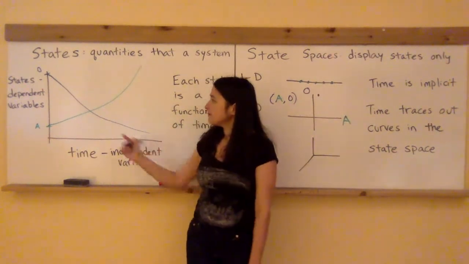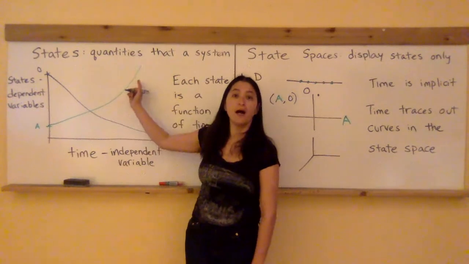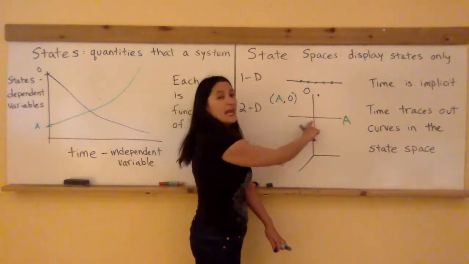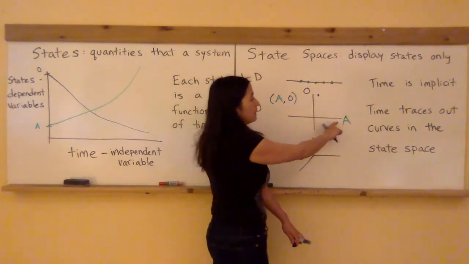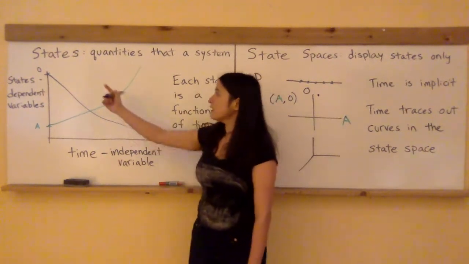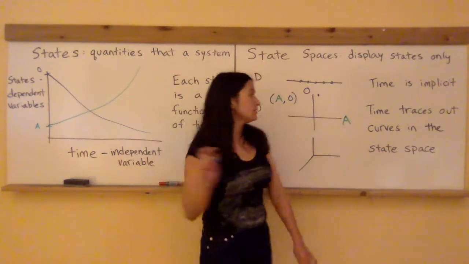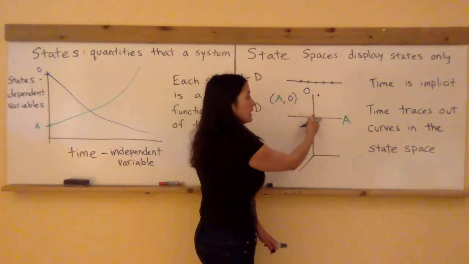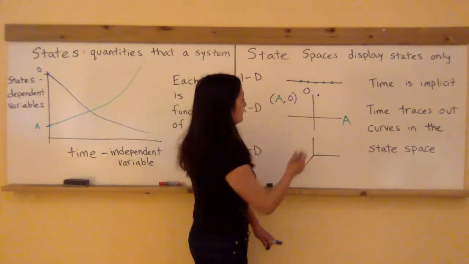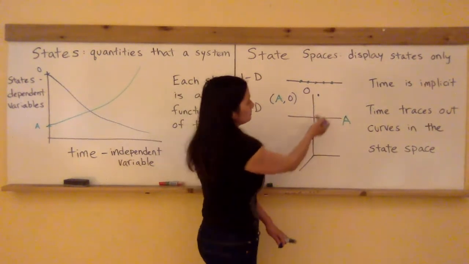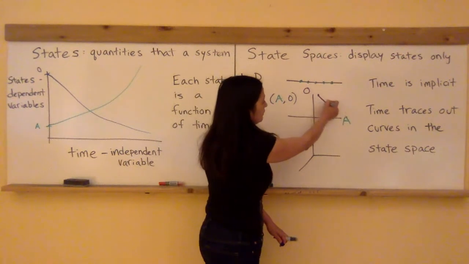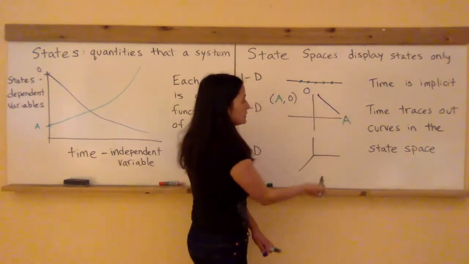And then over time, the amount of alligators is going up, which means that on the alligator axis, I'll be going to the right, but the amount of octopuses is going down. And so on the y-axis, I'll be going down. So it turns out in the two-dimensional state space description, you're going to see a curve that looks kind of like this.